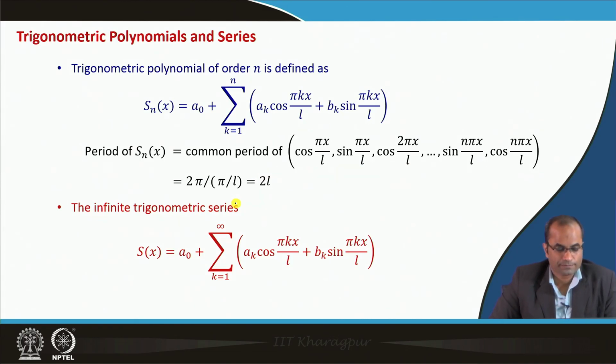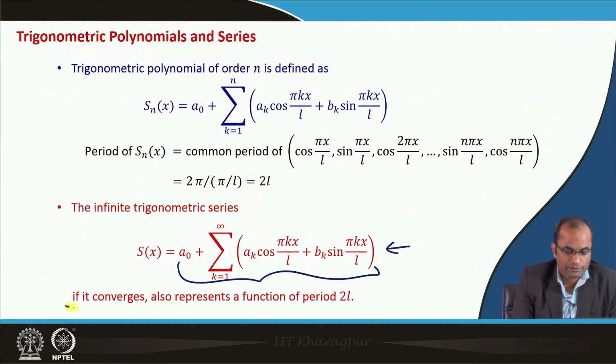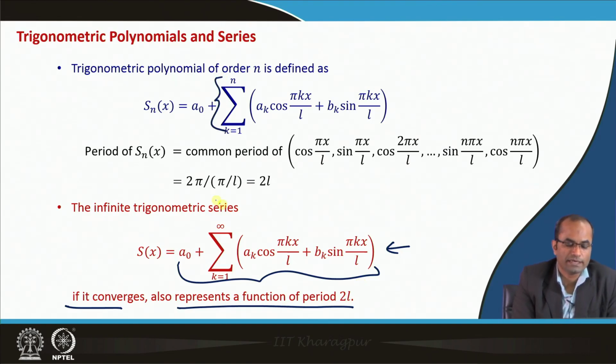in this case, if this series converges, I mean this is another interesting point, because now we are talking about infinite series and the series may not converge, but if it converges, in that case this also represents a function of period 2L, because when n is finite, we have seen that the period of S_n(x) is 2L.